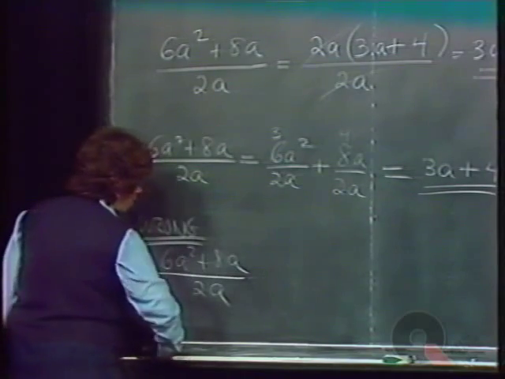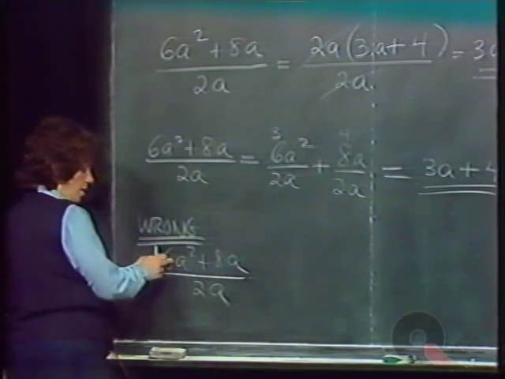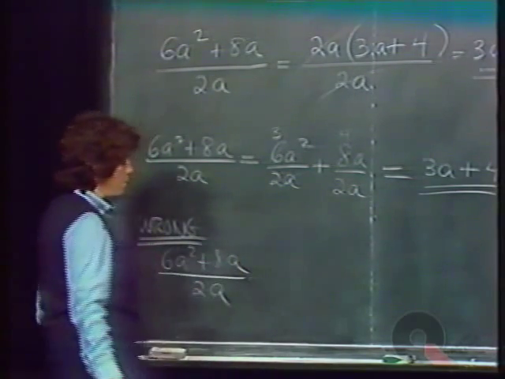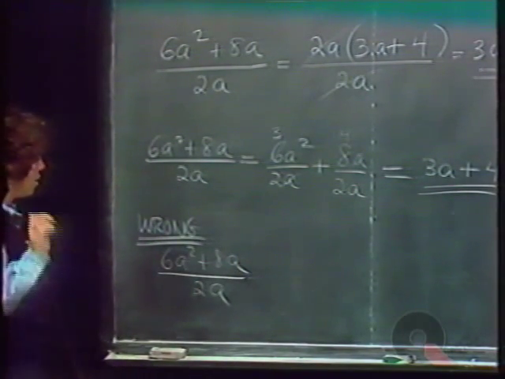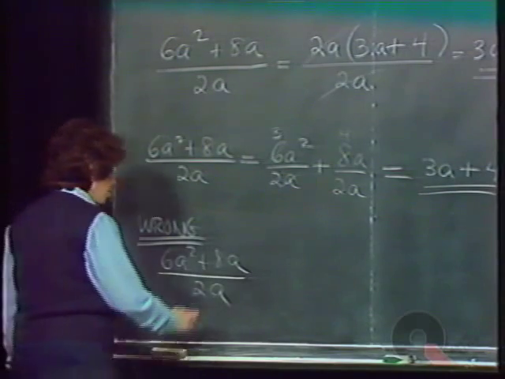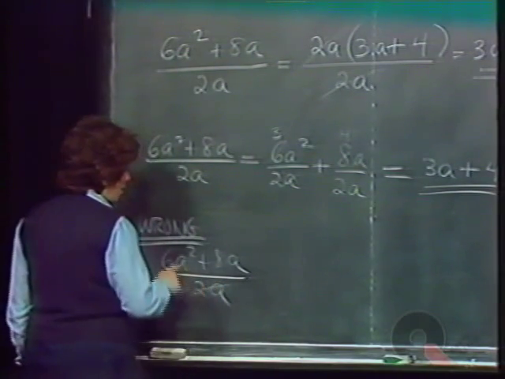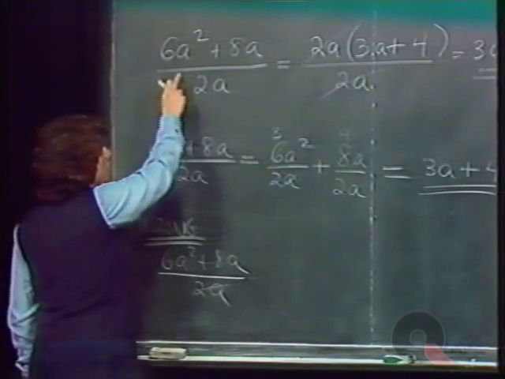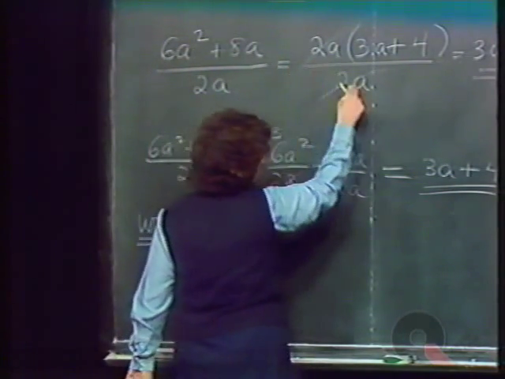Or another wrong way of doing it would be to cancel the 2a into the 6a squared and write this as 3a plus 8a. And then, in fact, some people might finish it off as 11a. So there are a lot of wrong ways of handling it. The most important thing is to remember that both terms have to be divided by the 2a. This we illustrated over here by factoring out the 2a and then canceling.